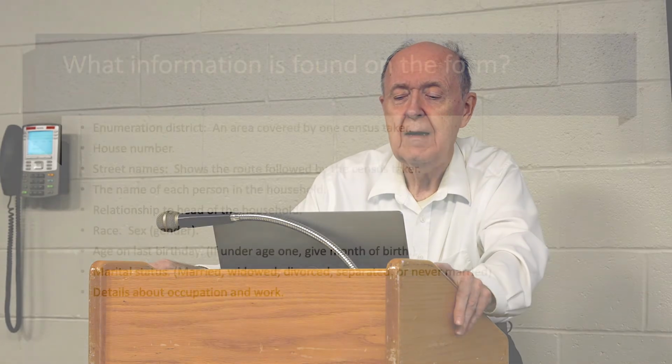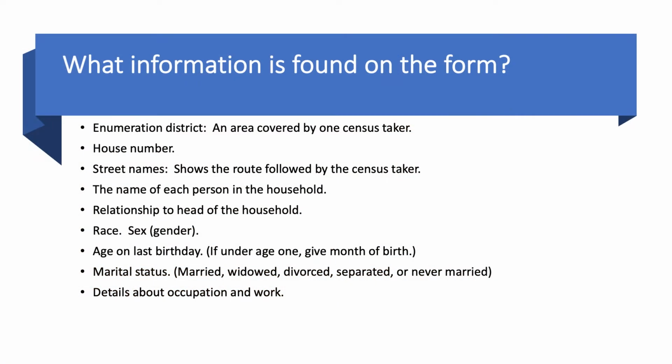On the form, they put down the house number, they put down the street name, which shows the route taken by the census taker, and it shows the name of each person in each household. This is similar to what had been done in every census every 10 years since 1850.